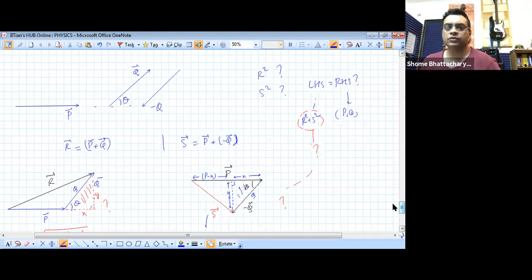Anybody else has a doubt now? Kunal, what is the doubt you have sent, beta? Yeah, if you wrote directly S as that, it's okay, beta. But how did you know directly? That is the whole point.